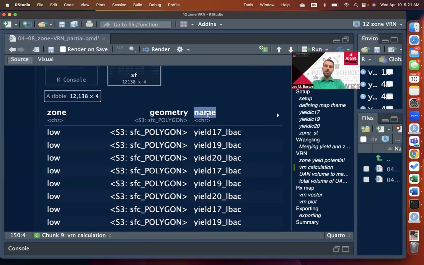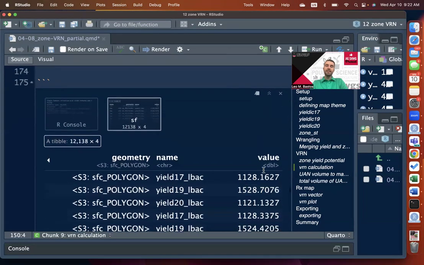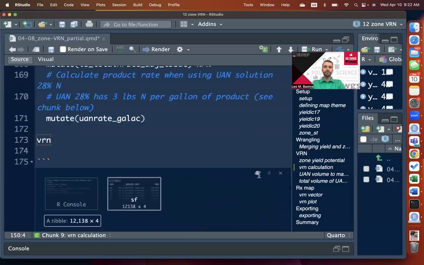Then we have a new column with the name, which is where all the previous column headings are now. The column headings previously were yield 17, 19, and 20, and their values are all under the same column now called value. So we want the 90th quantile of this column called value, and then of course by zone, which is what we're doing when we establish the group by.